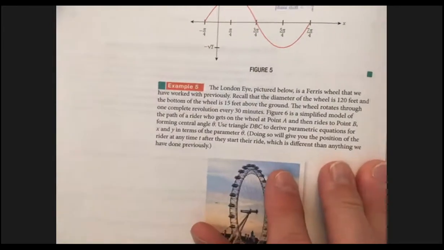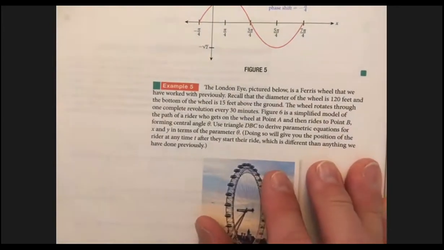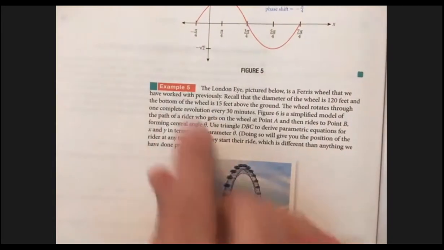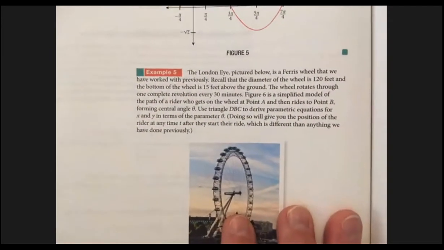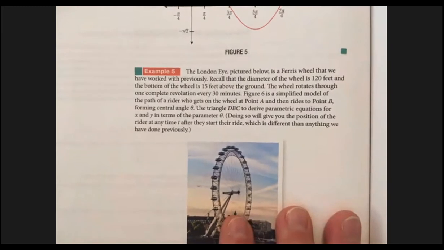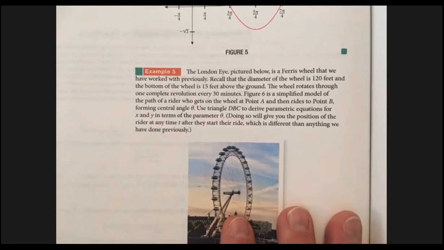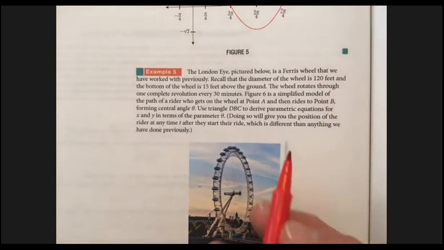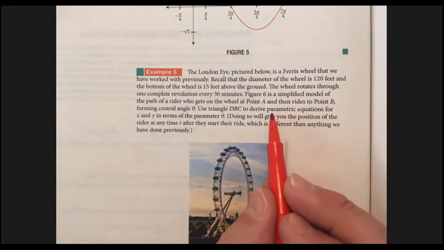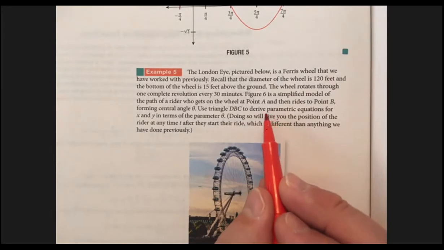Okay, this is section 6.4, example 5. And it says, here's the London Eye. It's a Ferris wheel, it's so high, and so on. These are the words that I would say are closest to the problem you're asking.